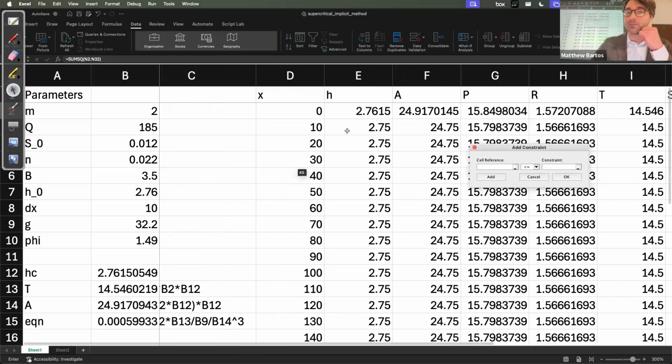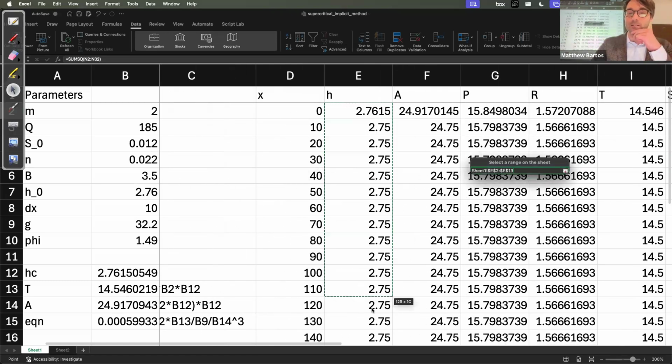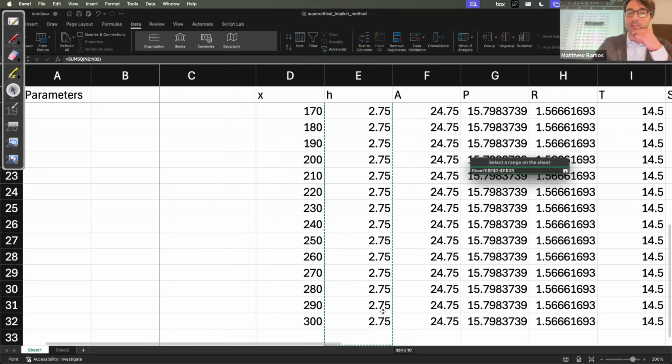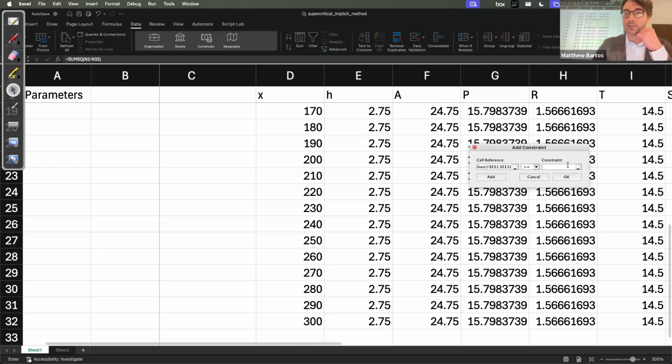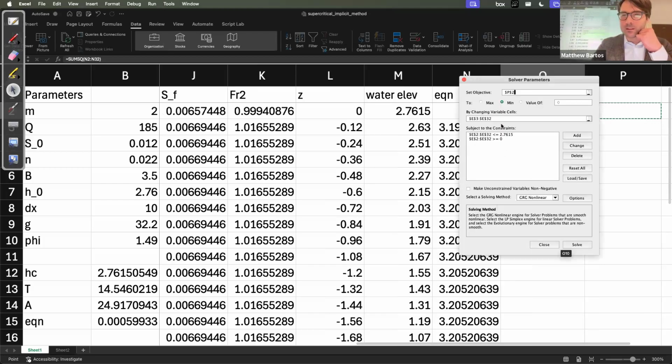If it becomes negative, the solver will also not converge. So we're going to take these cells here, and we're going to make them greater than or equal to 0. And note that here, I'm only changing variable cells E3 through 32, not E2 through 32, because E2 is our boundary condition, so that we don't want to change.